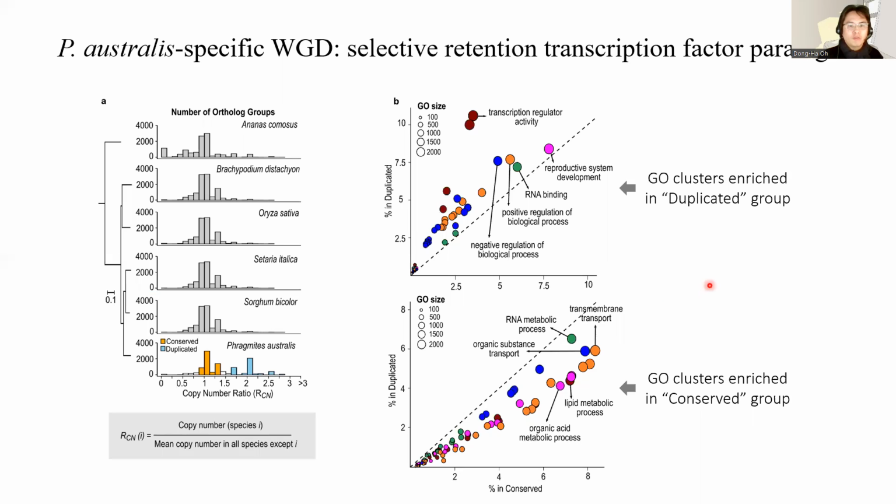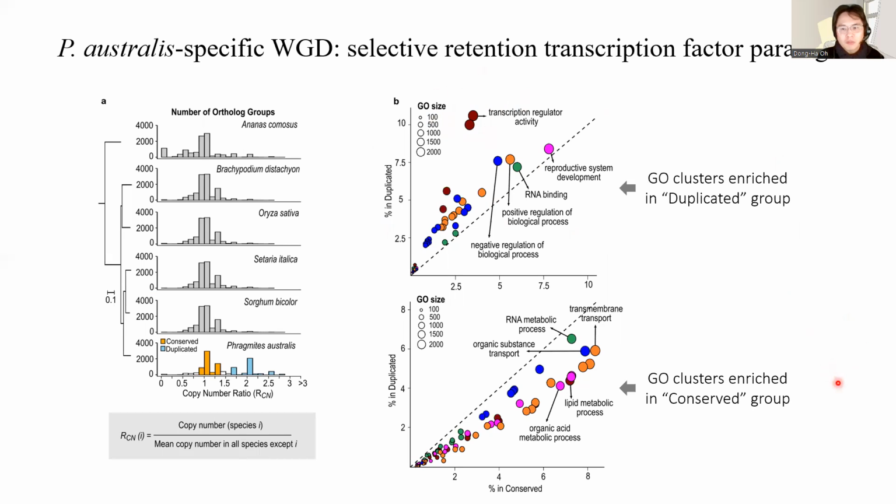that are particularly kept duplicated in Phragmites compared to all others. And then what we found is that the duplicated group has a lot of genes that are regulating other genes, such as transcription factors. So these are not the ones doing actual functions, but are involved in signaling or regulating the function of other genes.